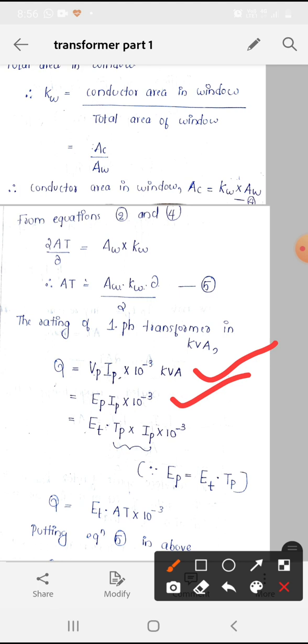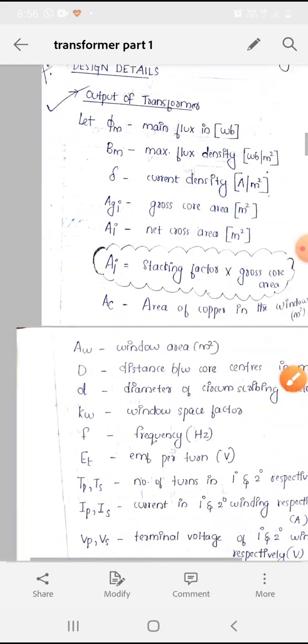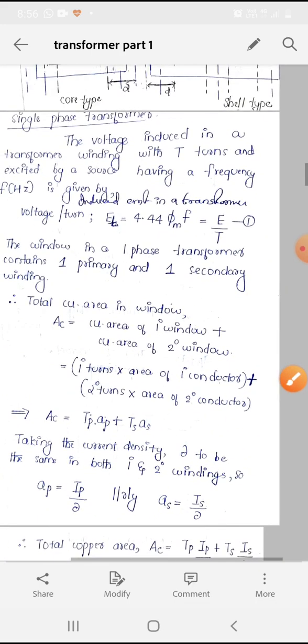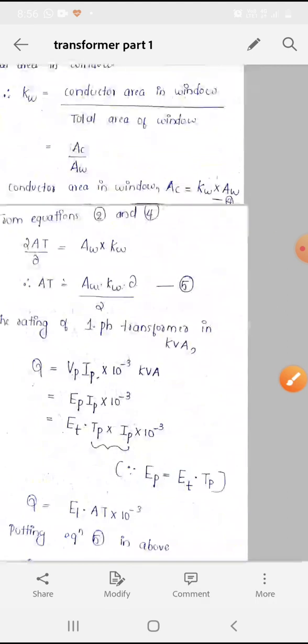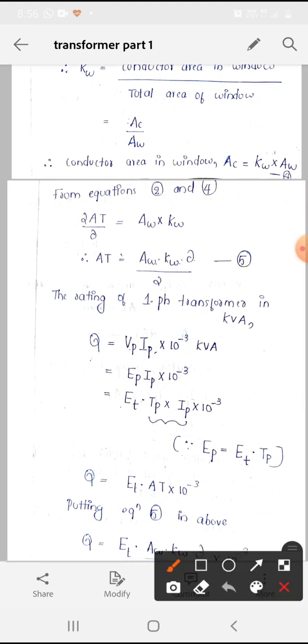Now, this EP we can write as EP is equal to ET into TP. So, the first equation is already given: this ET, induced EMF per turn in the transformer, ET is equal to capital E by T. From here, we got this equation as EP is equal to ET into TP.